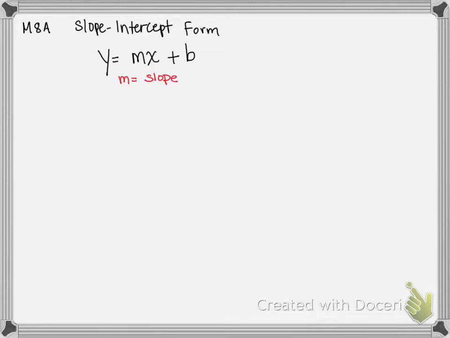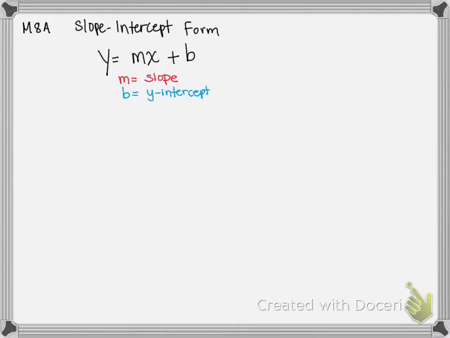And if the m term goes away, so let's say the x value is 0, so the m gets times 0 is 0, I get y equals b, okay? So that means that b would be the y-intercept, so where your line would cross the y-axis, okay?